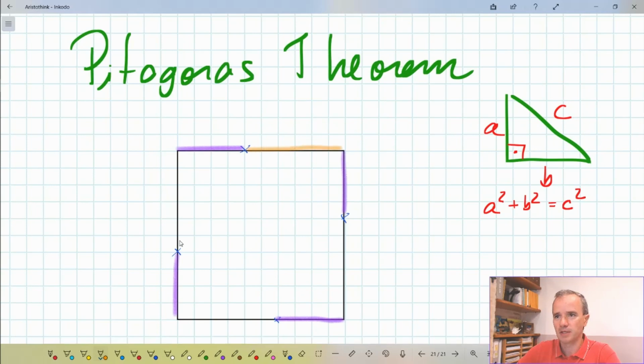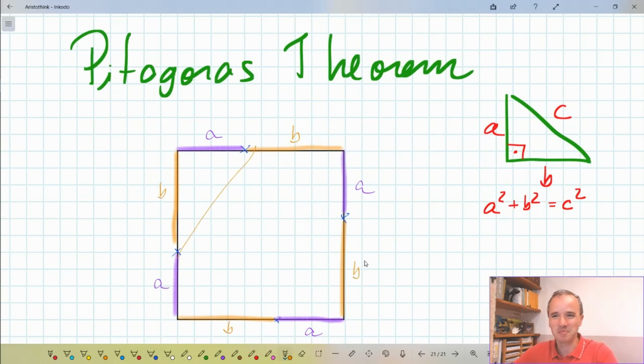This other part is going to be B, which is going to be 6 in all those 4 cases. I'm just breaking each side of this square into 2 parts, A and B. This is going to be A, always A, and the other one is going to be B, always B.